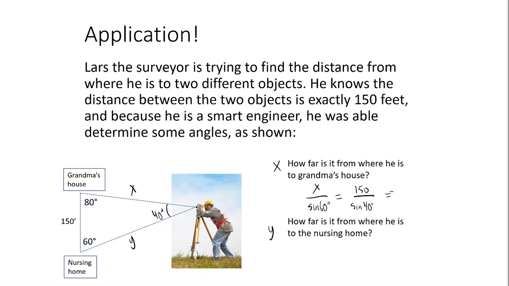Solve for x. x is equal to 150 times the sine of 60 degrees divided by the sine of 40 degrees. The other one, if we want to solve for y, y is to the sine of 80 degrees as 150 is to the sine of 40 degrees.